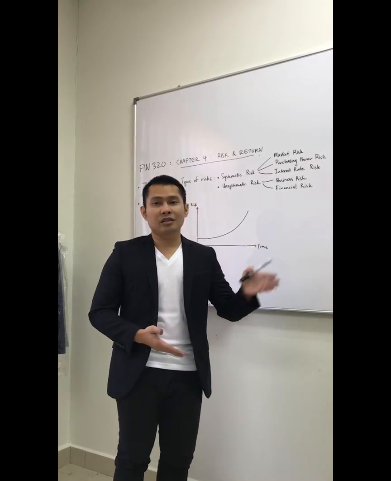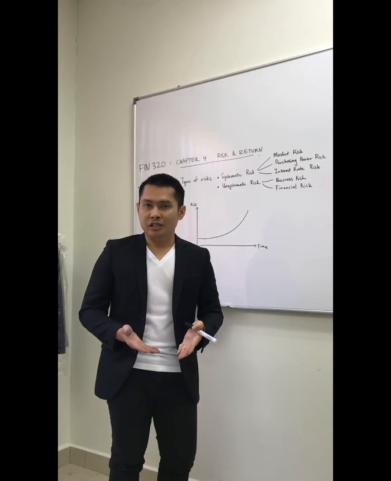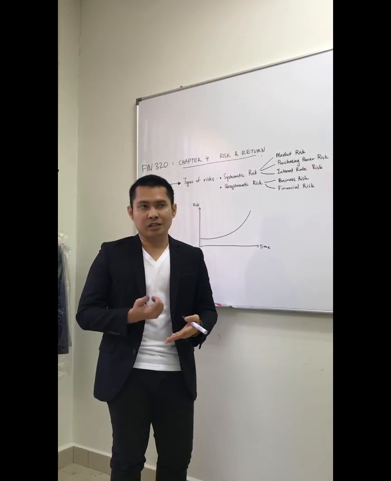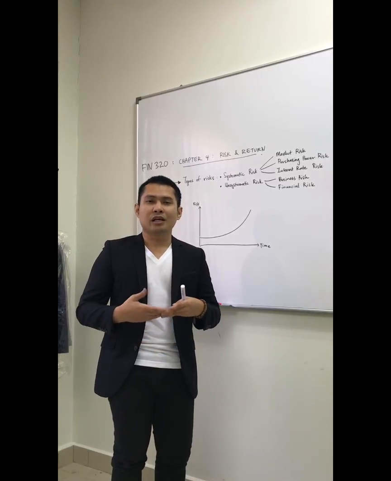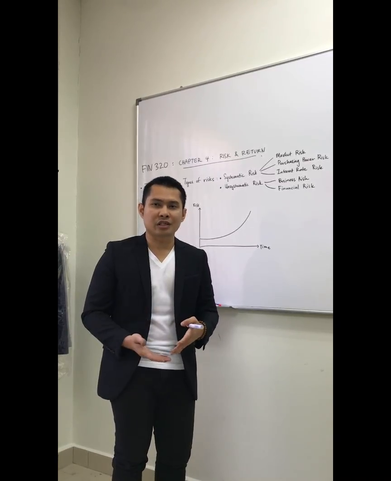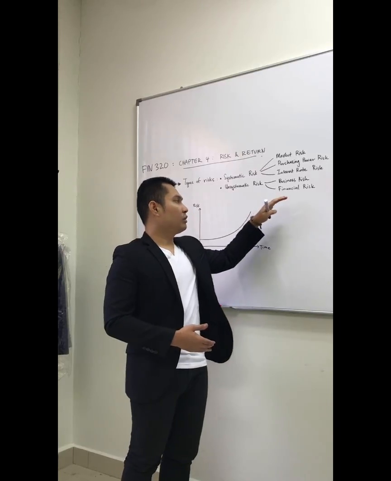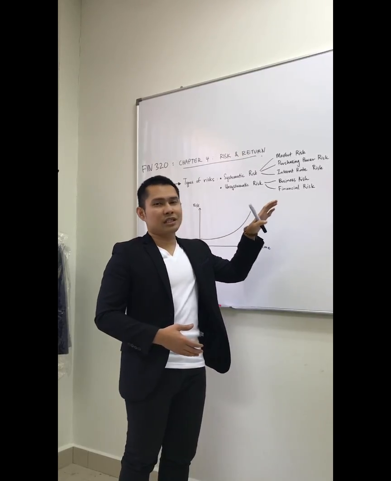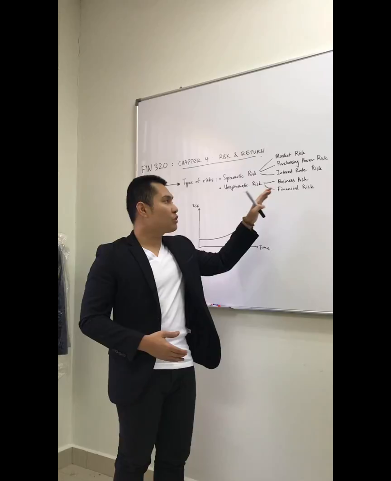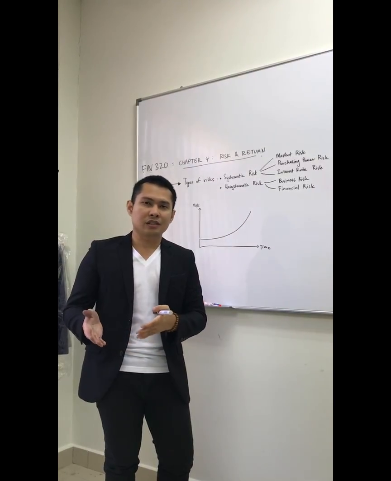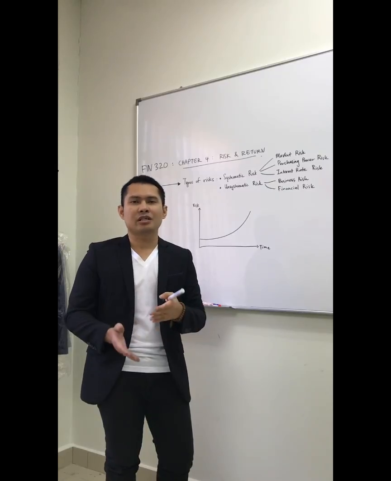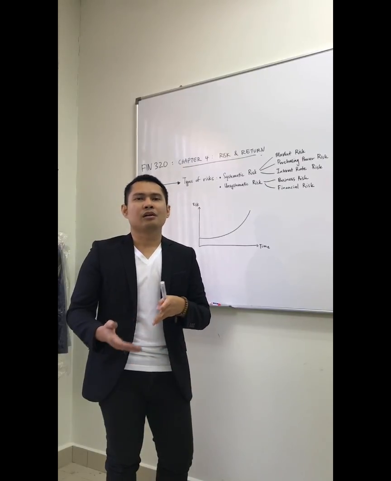For financial risk, it depends on your financial manager. How do they control the financial risk? Where do they borrow money? How do they utilize their financial resources? All of this is related to financial risk. That's why I say these two risks are controllable, through the act of the companies and how they manage their resources and their workers.